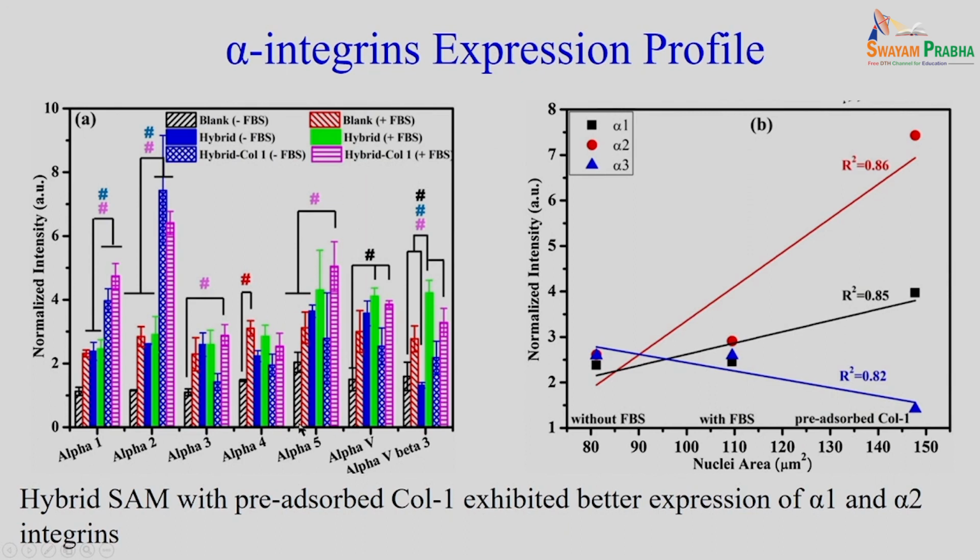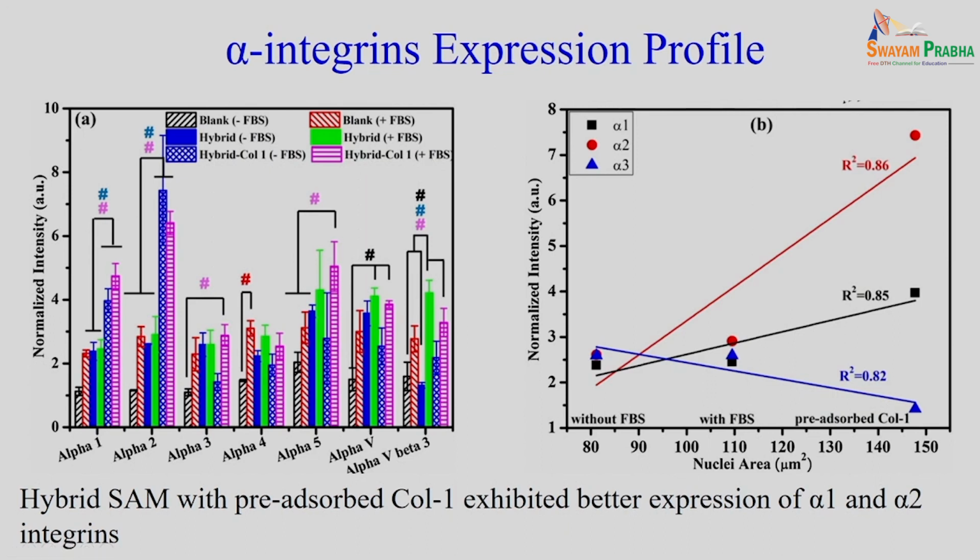So, all alpha integrins were analyzed here. These are the cases: the blank media without FBS, media with FBS, then hybrid surface with media without FBS, media with FBS, then hybrid surface pre-adsorbed with collagen, media without FBS, media with FBS.